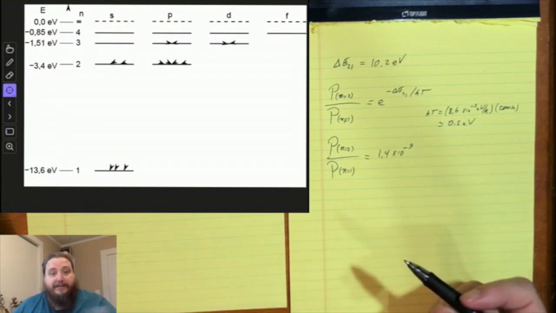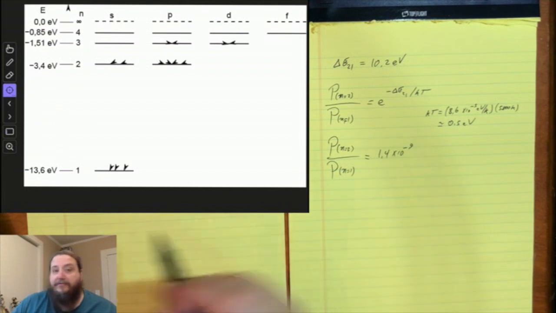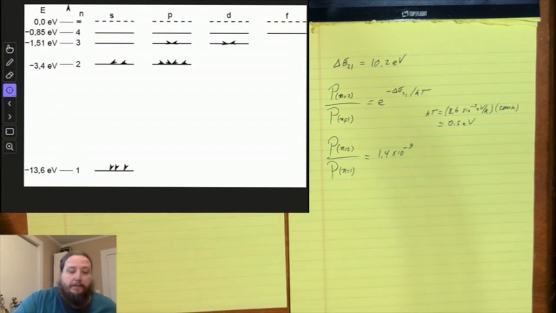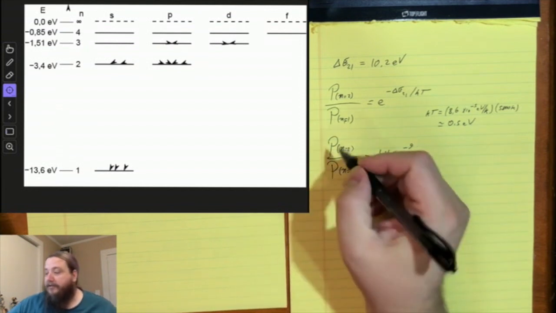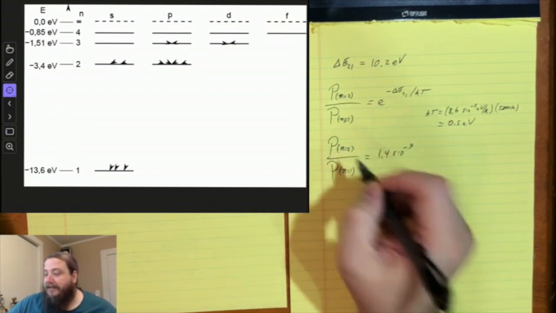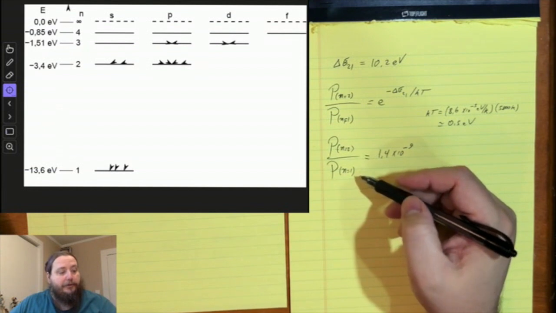Now let's take a look at the degeneracy, because in fact there is one n equals 2 s state, but there are 3 n equals 2 p states. So in other words, there are actually 4 times as many of these as there are those.